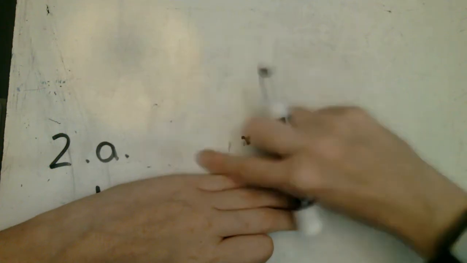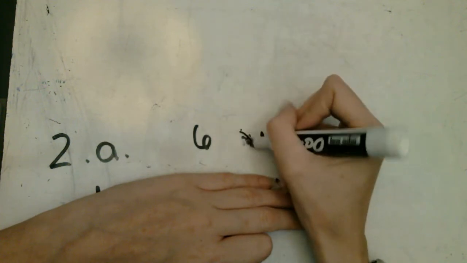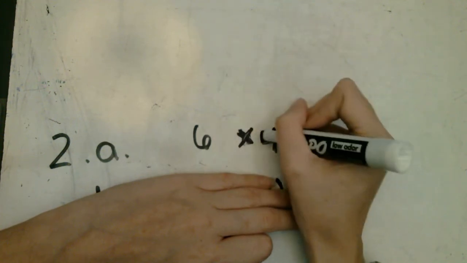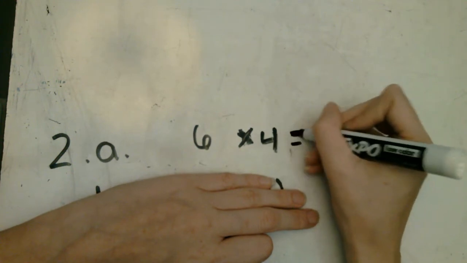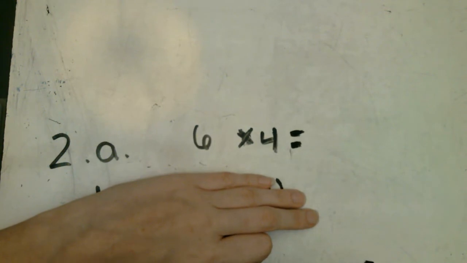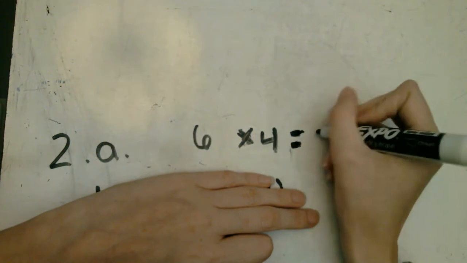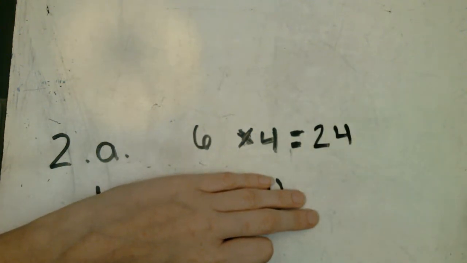Good. 3 times 2 is 6. So I'm going to rewrite that as 6, and I leave our times 4 because we haven't used that yet. Everybody whisper, what's 6 times 4? 24. Nicely done. I hope you used your whisper voice.